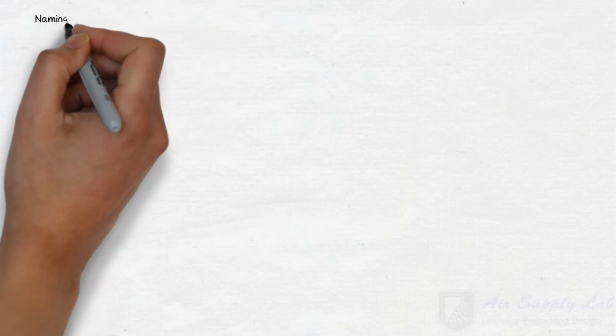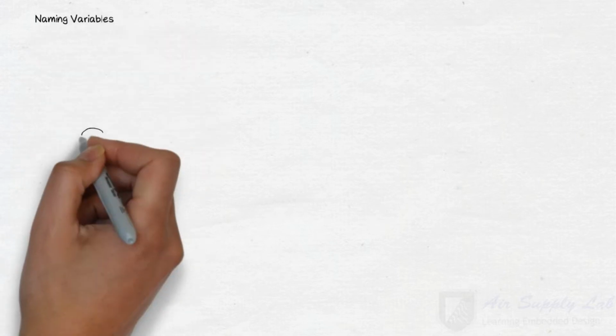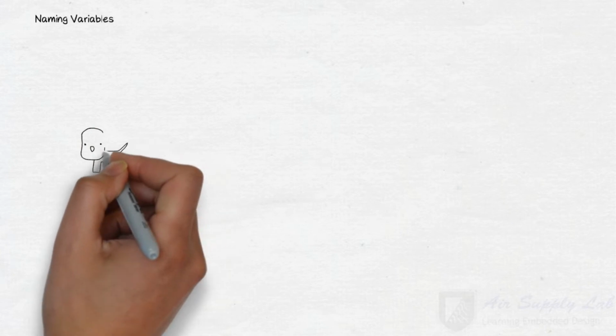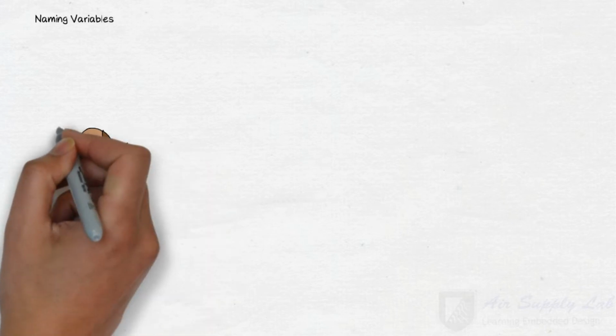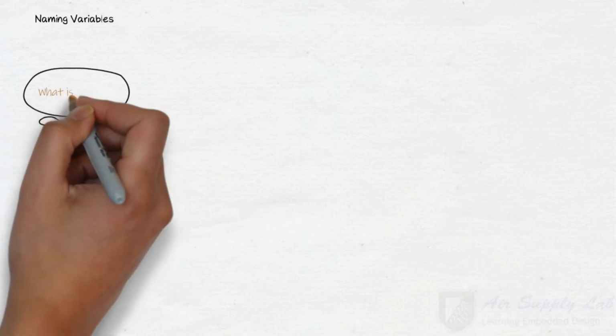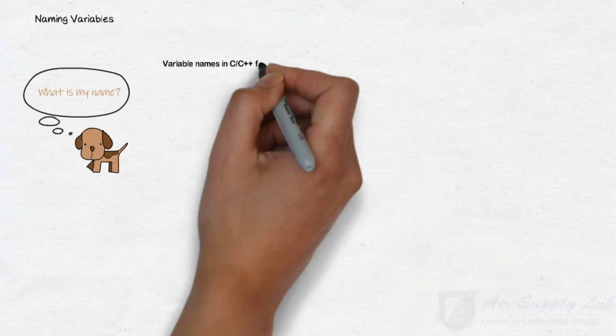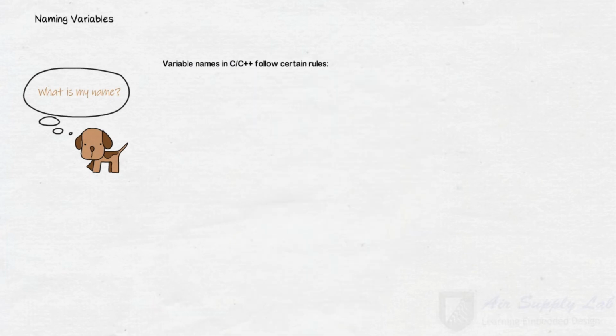Naming variables. Each variable has a name, just like how you would name your puppy. Variable names in C++ follow certain rules.